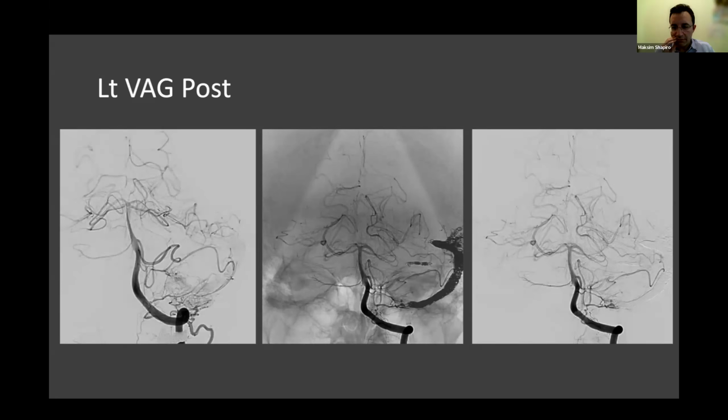I think we can agree that in this case, that's the biggest risk of this procedure. In terms of alleviating the pulsatile tinnitus, this is good. I'm curious, did the pulsatile tinnitus go away completely or is it less, but still there?